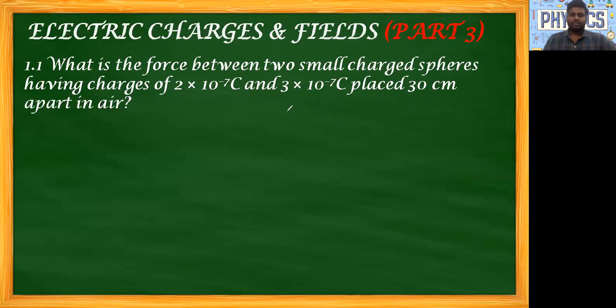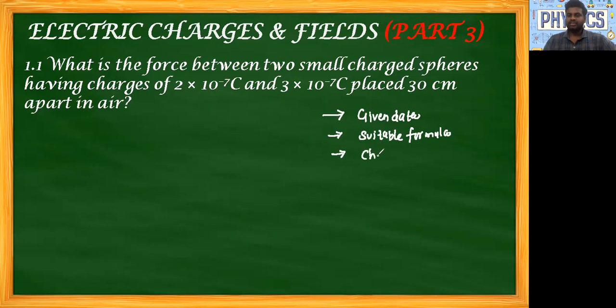Remember, whenever you want to solve any problem in physics, keep in mind these necessary steps. First, write the given data. Second, choose a suitable formula for this given data.